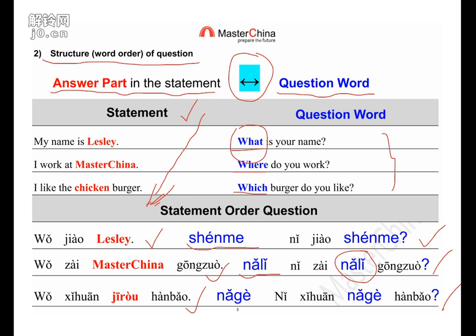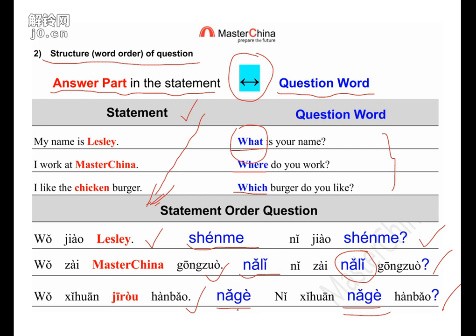And the third one, same, 哪个, between the words. So first, we got the sense that in Chinese questions, the question words usually are not at the beginning, right? Just according to these three examples.